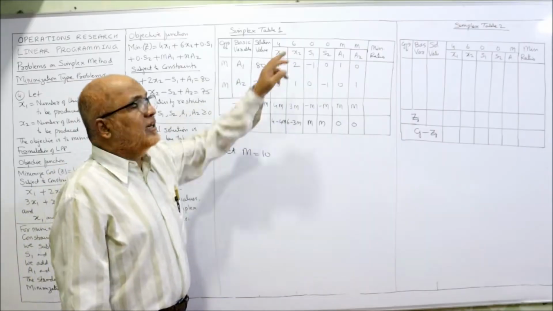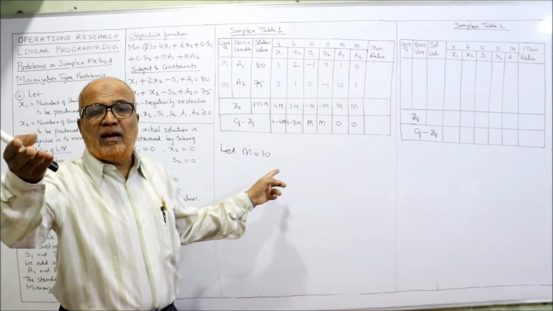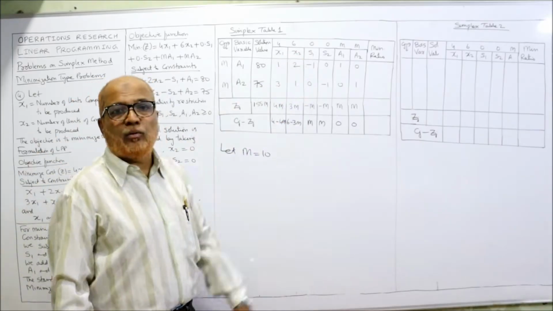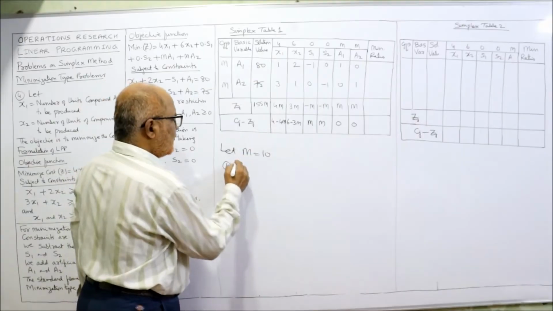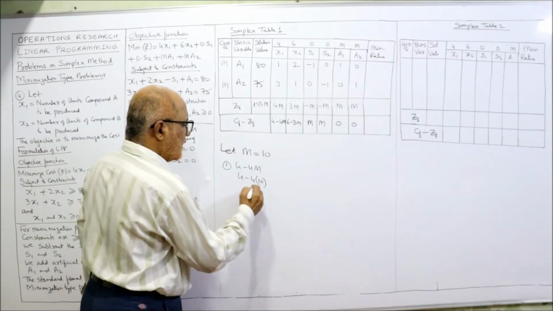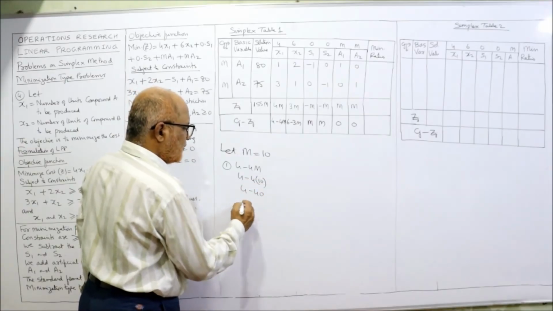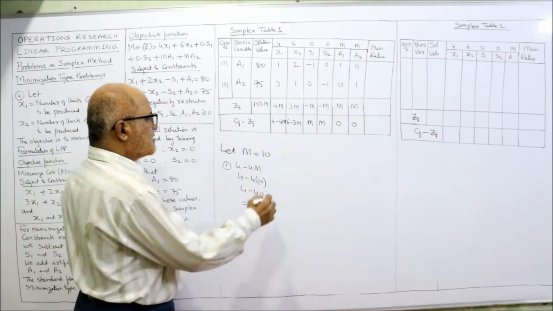If it is 16 here, you cannot take 10 because the m value should be greater than this x1 and x2 value, right? Now, suppose first case, here it is 4 minus 4m, 4 minus 4 into 10, so 4 minus 40, it is minus 36. We are getting minus 36.